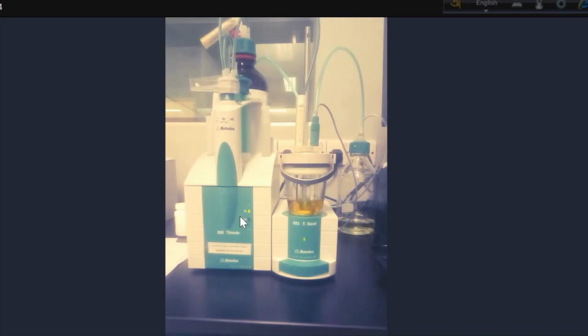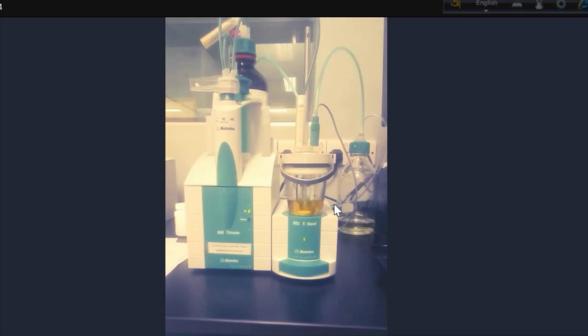The principle behind the method is that water reacts with iodine in the presence of sulfur dioxide as a catalyst, forming iodide ions and hydronium ions. This reaction takes place in a Karl Fischer titration cell, which typically contains a solution of iodine and sulfur dioxide, and as the solvent we can use methanol or ethanol.